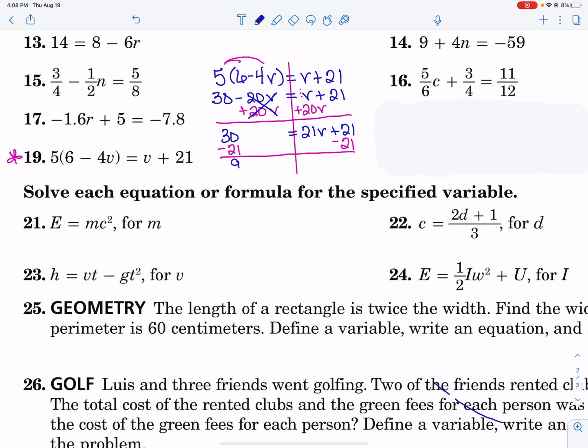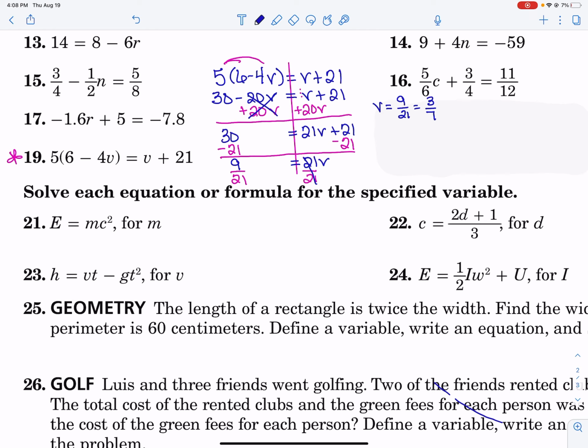So I've got 9 is equal to 21v. Divide both sides by 21. This here reduces to 1. So I get V is equal to 9 over 21, which can be reduced to 3 over 7.